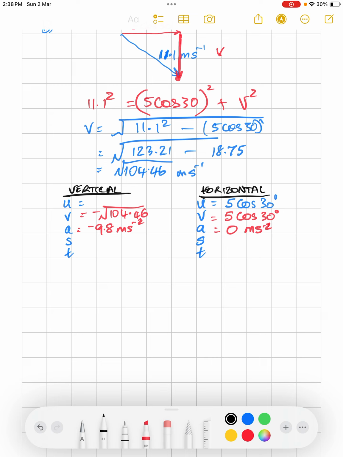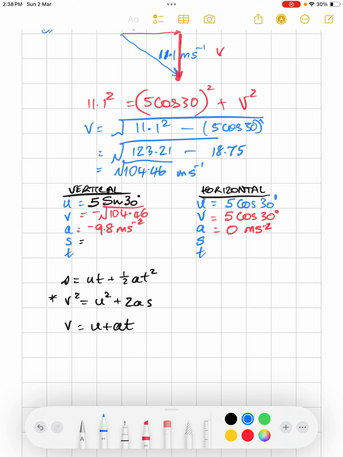So we knew this was 5 sine 30 in the vertical, and now we want S. So S, we could have S equals UT plus half AT squared. We don't know T. We could have V squared equals U squared plus 2AS. Yeah, that formula doesn't have t in it. So the other one was v equals u plus at. So let's use this equation here.